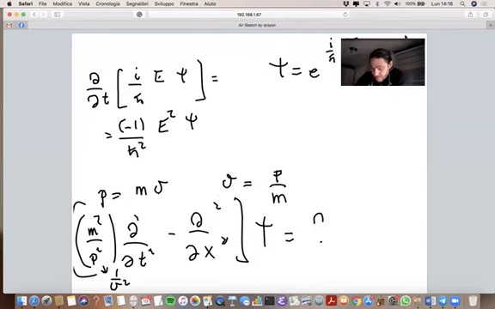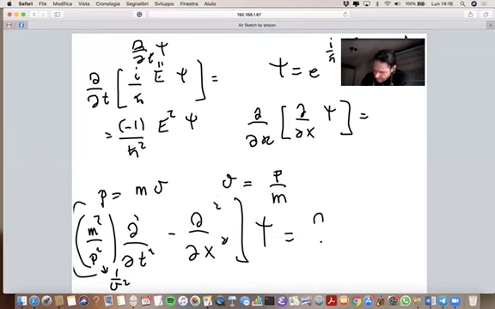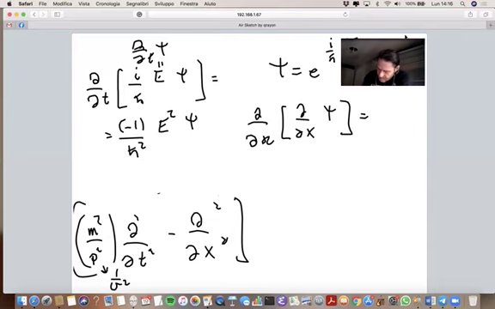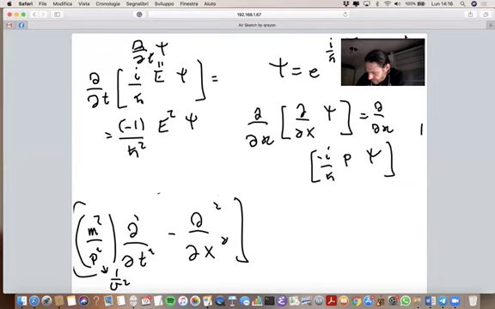Let's now compute the second derivative with respect to space. So I will take the derivative of the derivative. The derivative with respect to space would be i over h bar, negative, times p times psi.